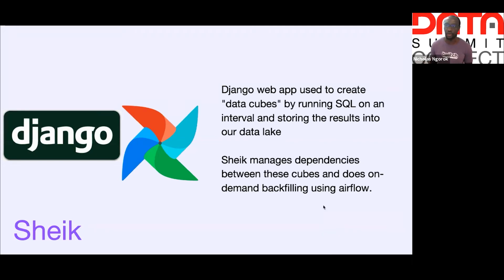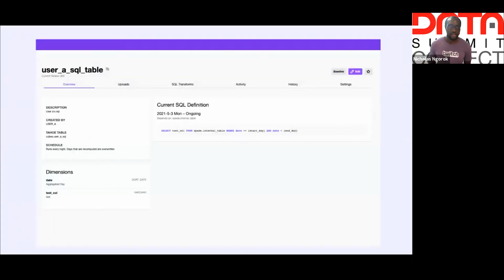So let's quickly go through some screenshots of what Sheik looks like for analysts in their day-to-day usage at the company. So here's a screenshot of what it looks like when you create a table. So we've got user A that created a user A SQL table.